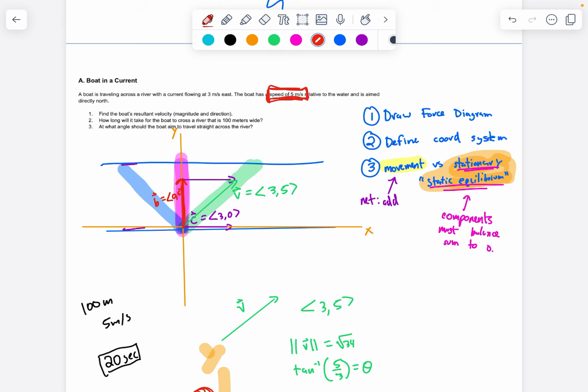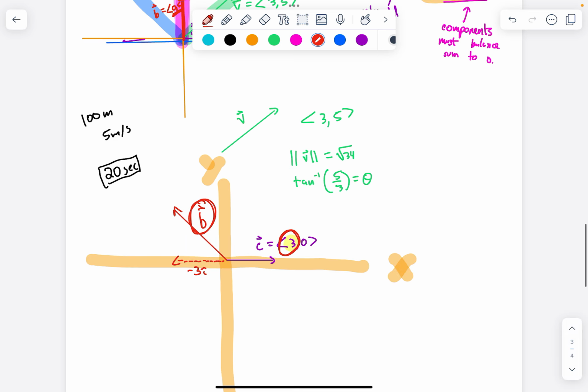The boat has a speed, its power is 5 meters per second. So because it was just aimed purely north, straight across the river, we could say it's 0,5. But what we need to account for is that that's just the magnitude. And so if we just aim it this way, magnitude of B equals 5, well then this horizontal component is simply 5 cosine whatever this angle is, 5 cosine some angle theta.